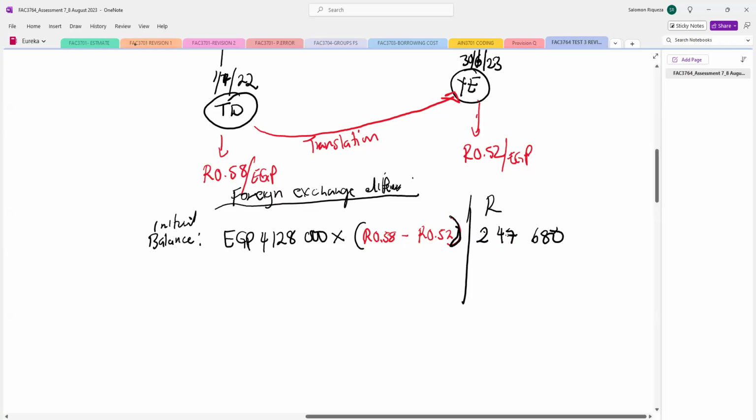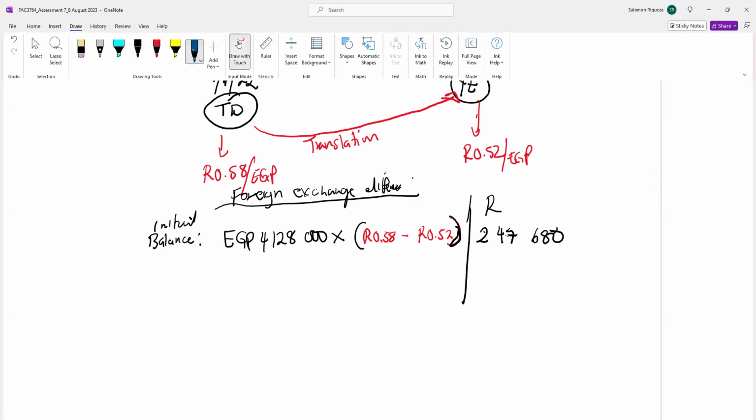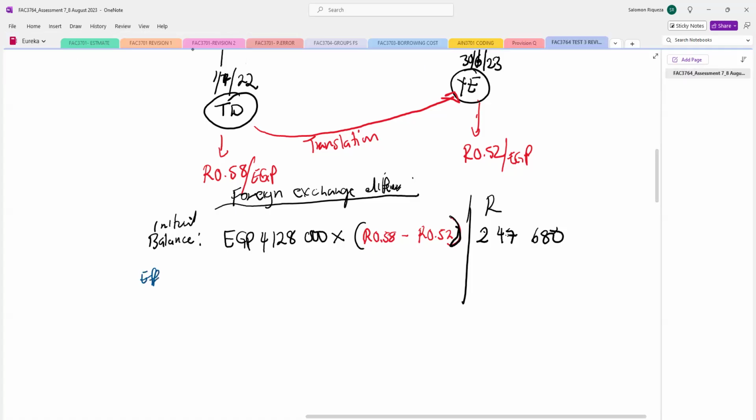If I have to compare my initial balance, how it has changed, I will use that figure. Then I must also check the effect of this on the interest. So the effect on interest will be as follows. We start again with our interest calculation, just like we did in the beginning.